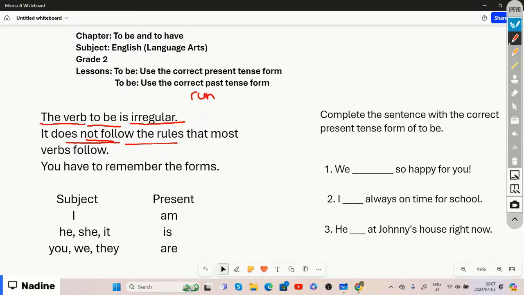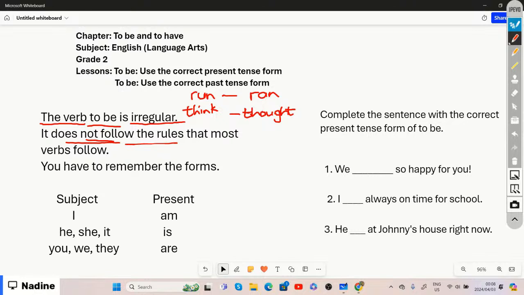The past tense of the word run would be ran, right? If we say that David is thinking of playing Xbox, or thinking of playing with his PS5, now in the past, we can say David thought of playing with his Xbox or his PS5.